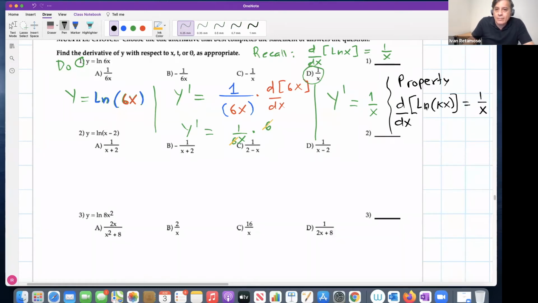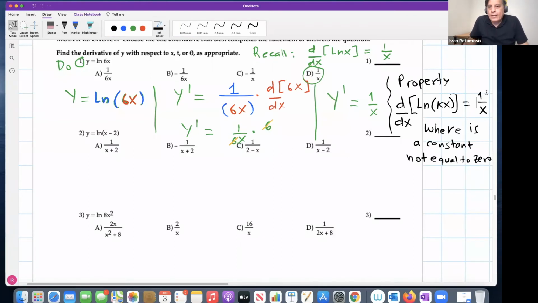This k does not matter, as you can see, right? 6x, the 6 didn't matter because it gets canceled. This is where k is a constant not equal to 0. Any constant, right? 3, 4, this is the same. All right, great. So continue with this, guys.